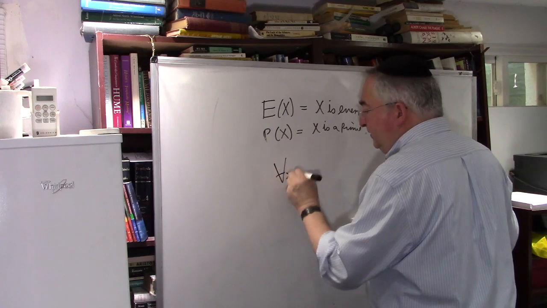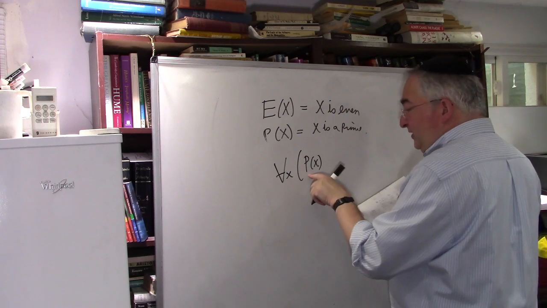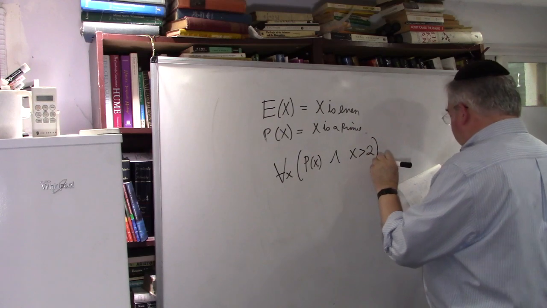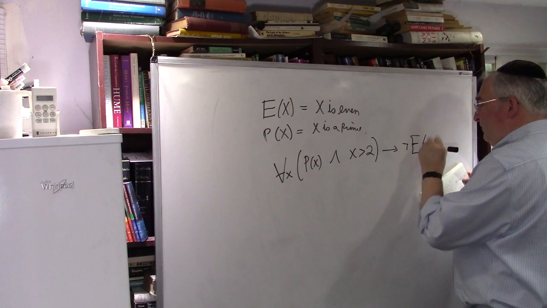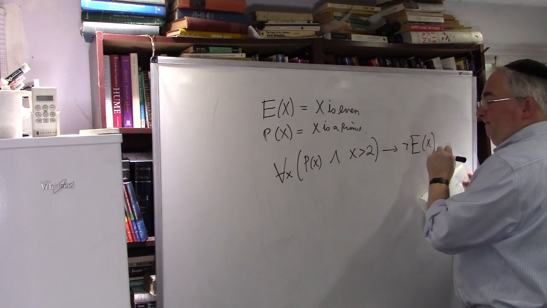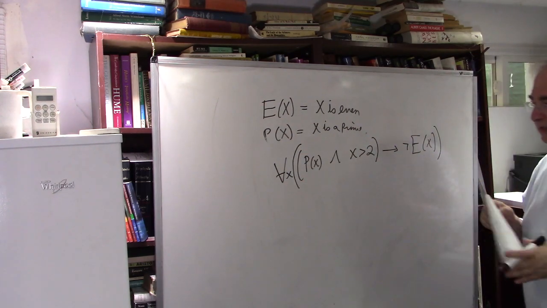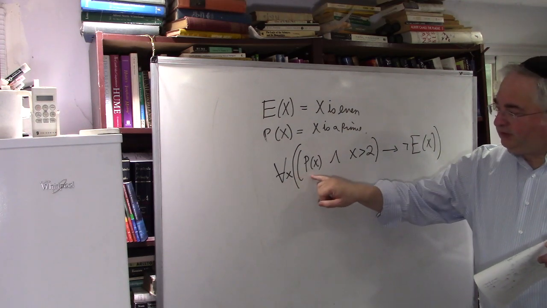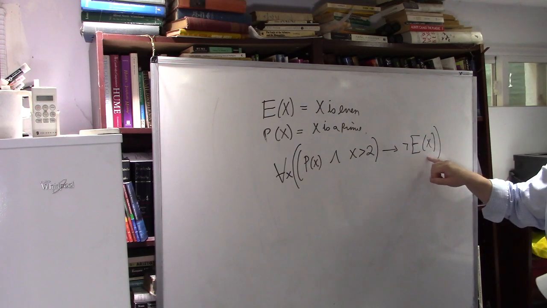For all x, if P of X, if x is prime and x is greater than 2, this implies it's not E of X. Let's see what this says. This is a little bit harder. It says if it's prime and it's more than 2, then it's odd.